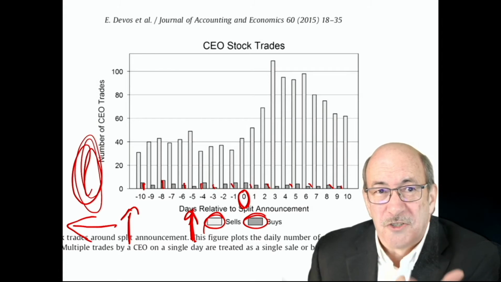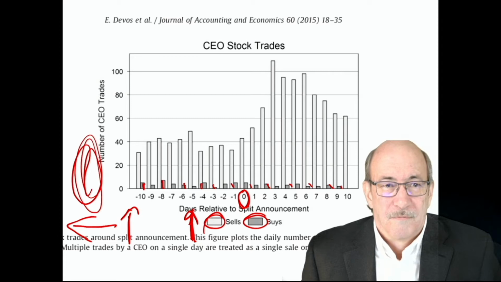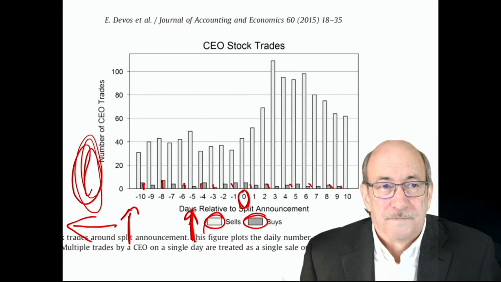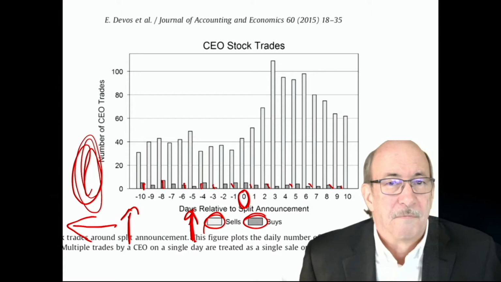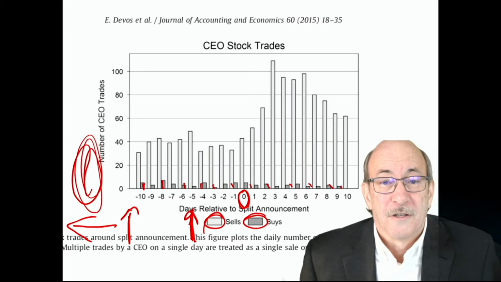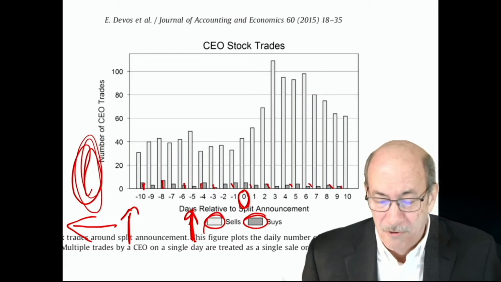So if you needed some cash and you had a pile of company shares sitting in your account and they were vested, which means that you could then sell them, when are you going to sell them? Before or after the stock split announcement? Right after. Yeah. I would argue right after.